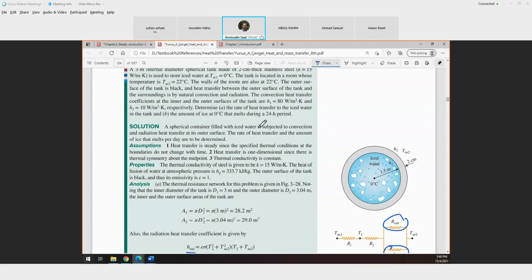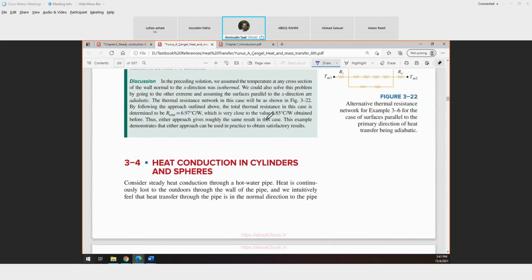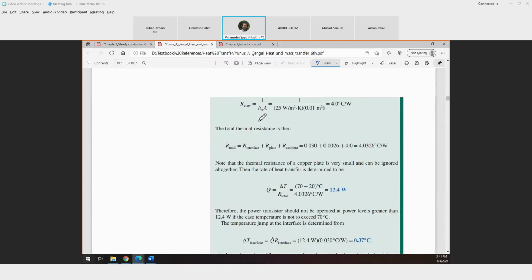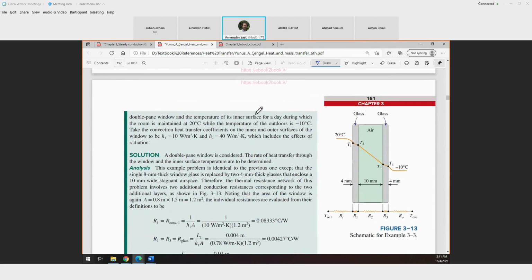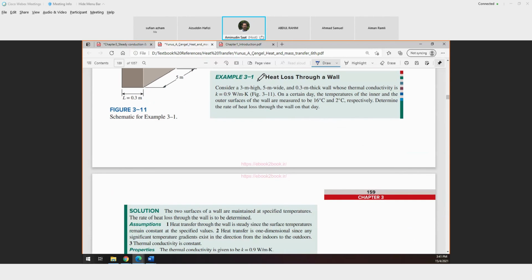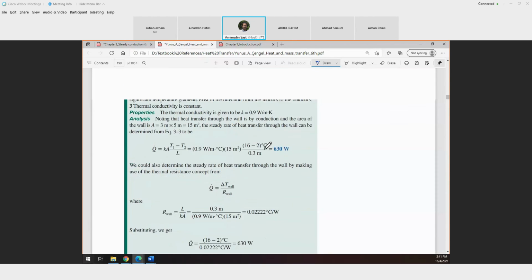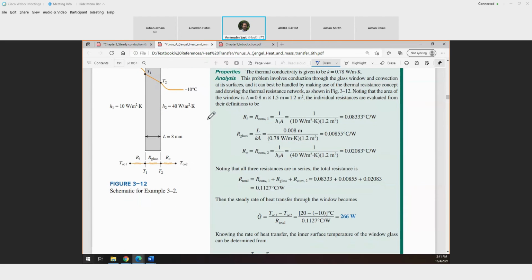I think the examples in the textbook are very clear in explaining how to apply thermal resistance, starting from a plane wall. Example 3.1 is a simple thermal resistance. Then 3.2 is another thermal resistance, but a very simple one, with only one layer.